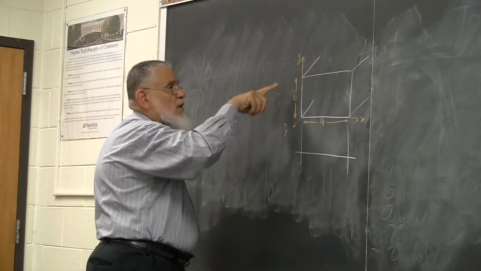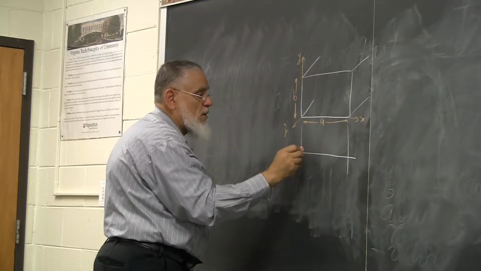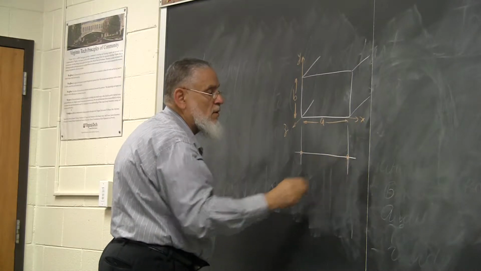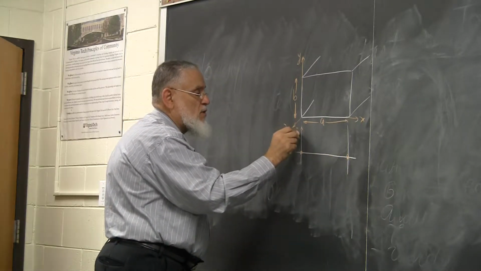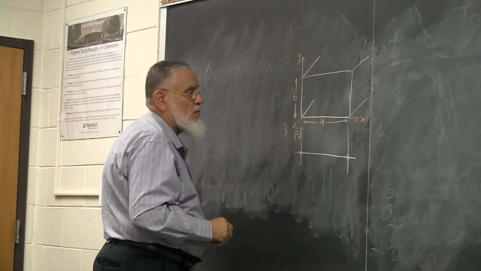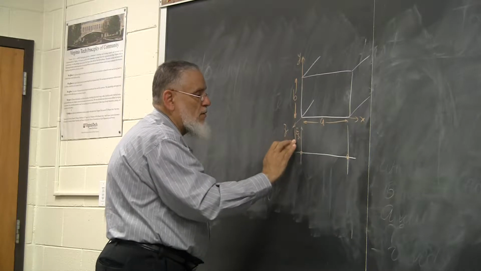And the E sub z is tangential on those edges, so it has to be 0 here, and 0 there. That's your E sub z. Let's not say magnitude, because we're going to show polarity.